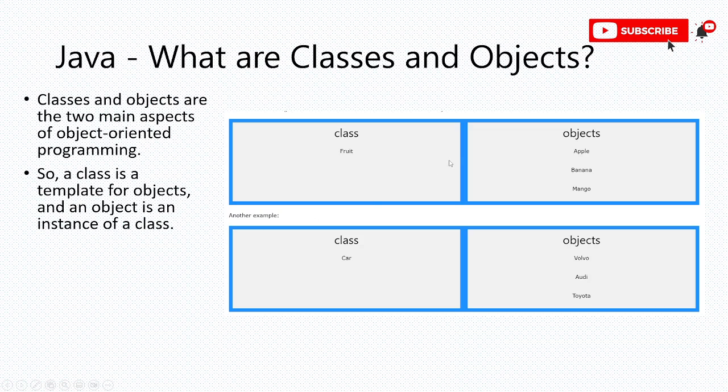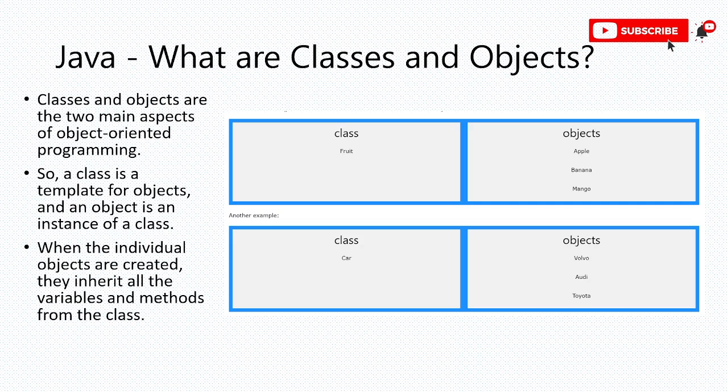That's why in OOP, when we call the class, we say we need to instantiate the class to create the object, not declare. Declaration is only for the 8 primitive data types. When individual objects are created, they inherit all the variables and methods from the class.